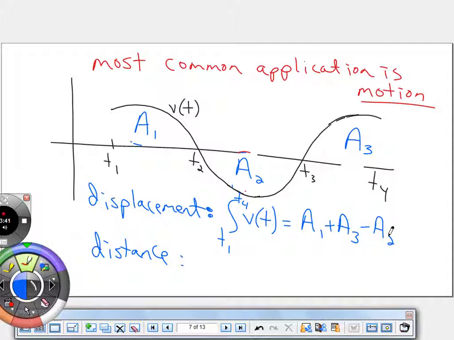Okay. Now, if we wanted total distance, then we don't care whether it's going forwards or backwards. We've got to accumulate all of that distance that we've traveled. So then it would be a little bit different, and it would be the integral of the absolute value of v of t.